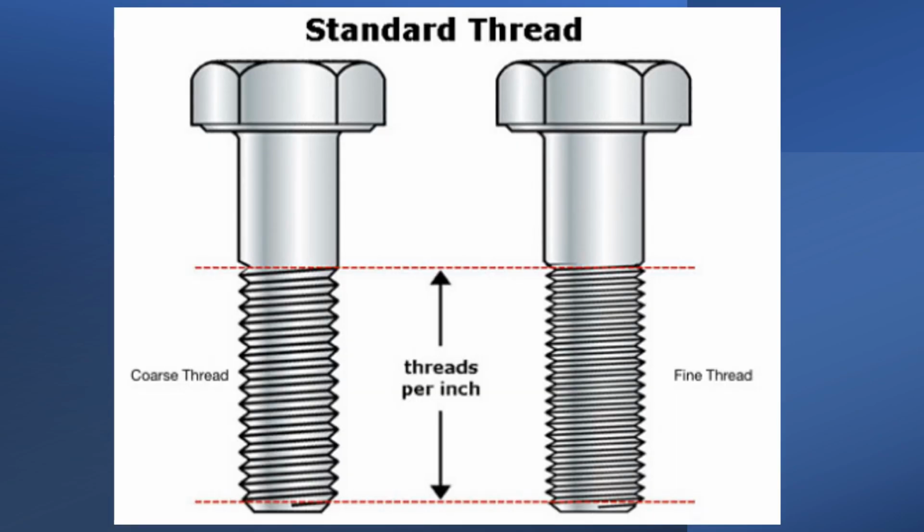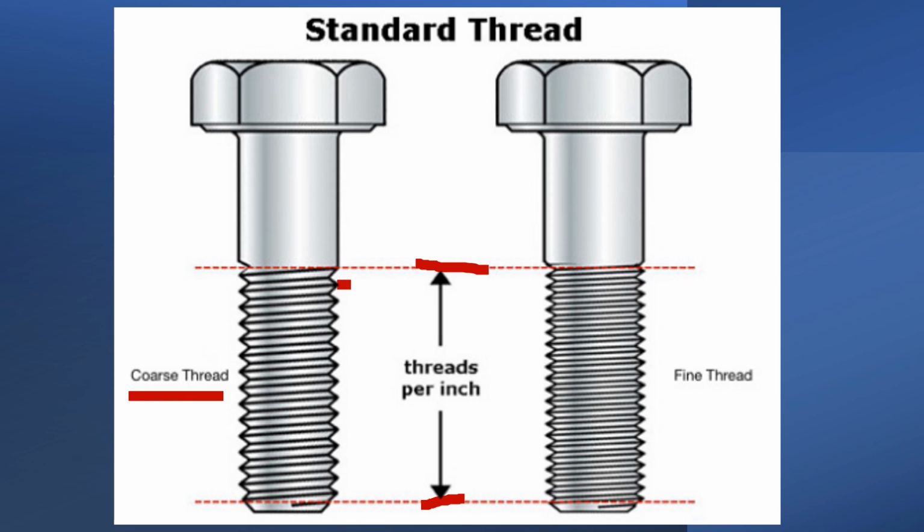Okay, so here I have given two types of bolts. The area where the threading is done is the same. Here, this is called TPI, threads per inch. In 1 inch of area, how many threads are coming? If fewer threads come in 1 inch, then it is a coarse thread.